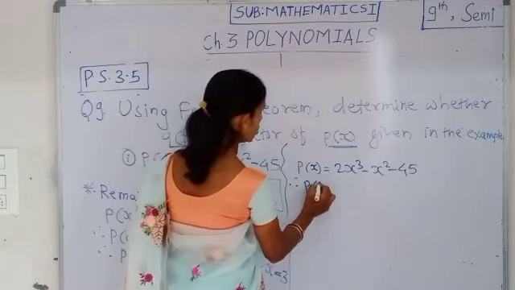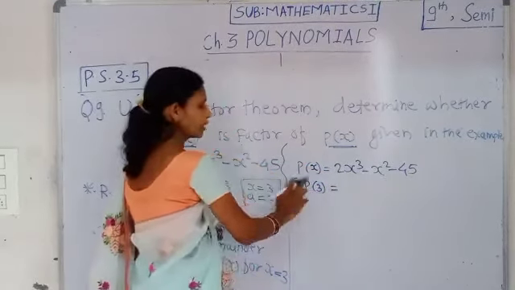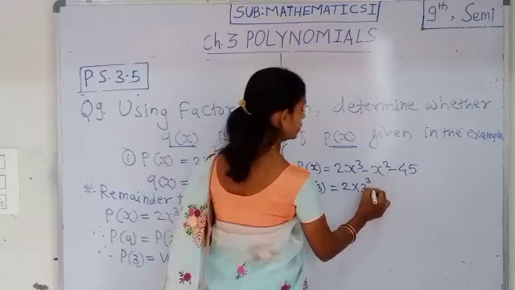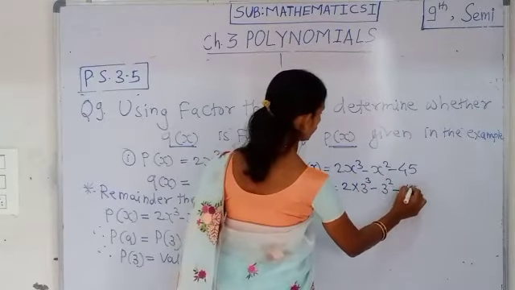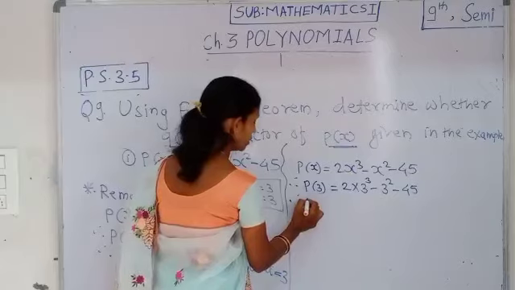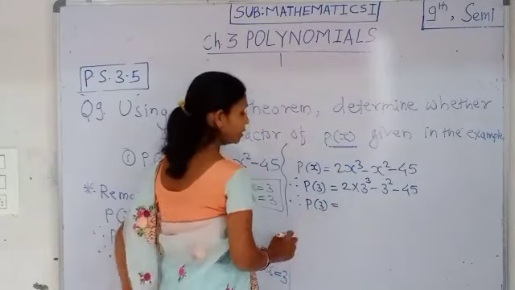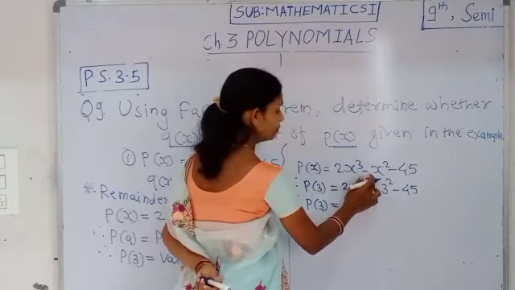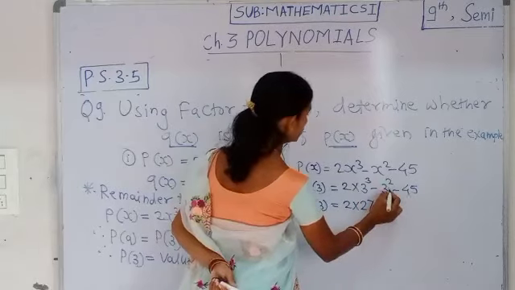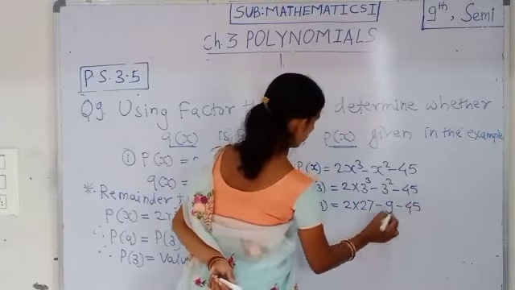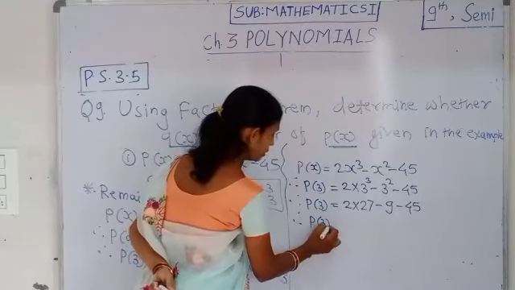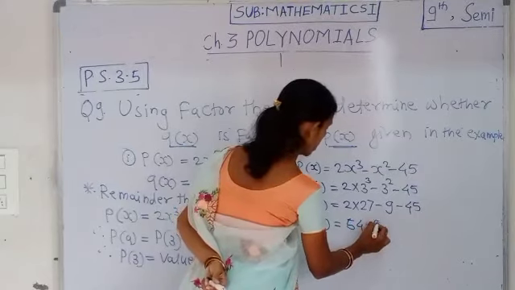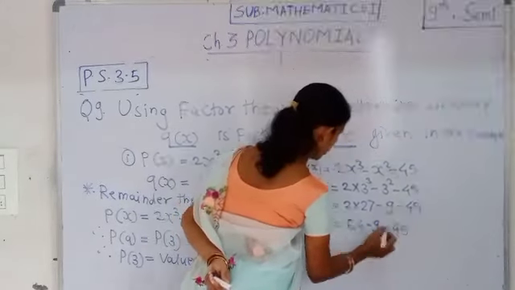So p(3) is equal to 2 into 3 cube minus 3 square minus 45, that is 2 into 27, that is 54, minus 9 minus 45.